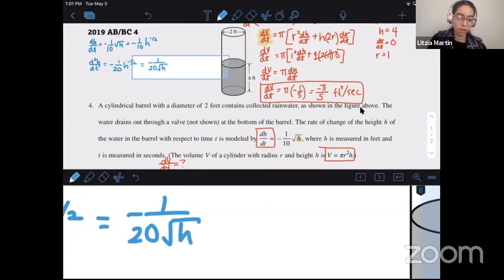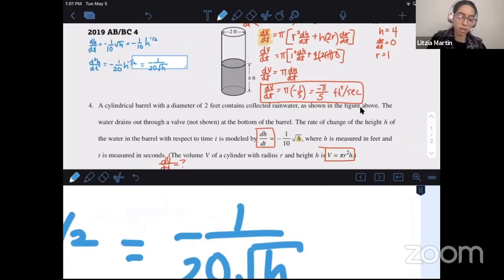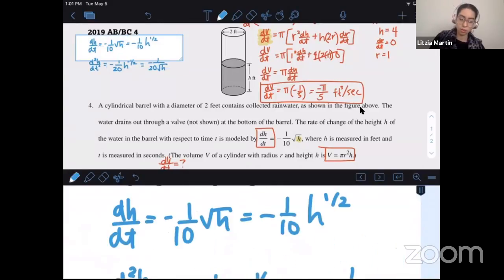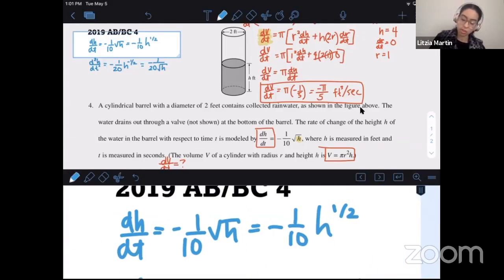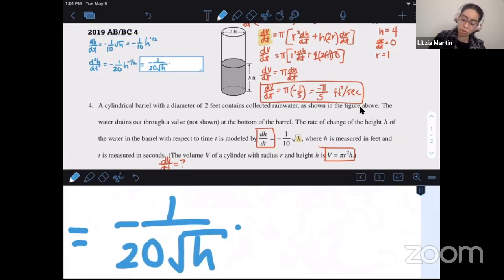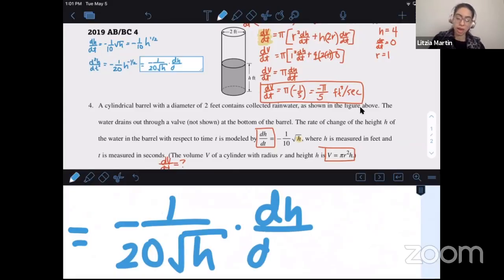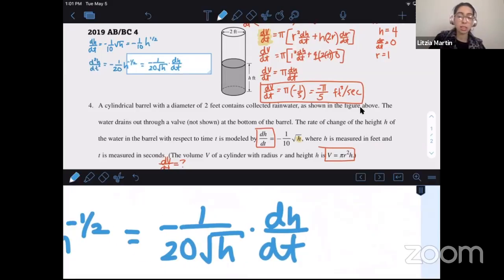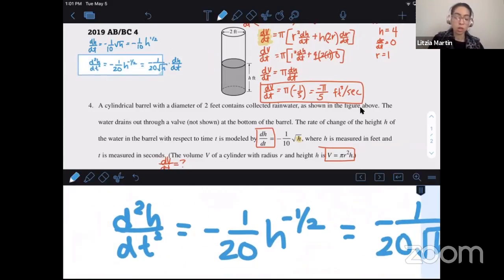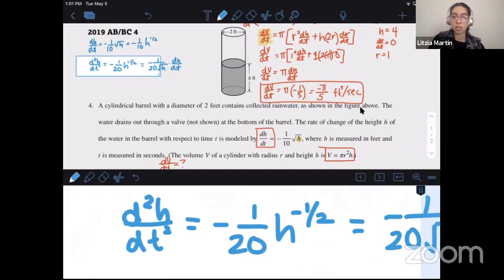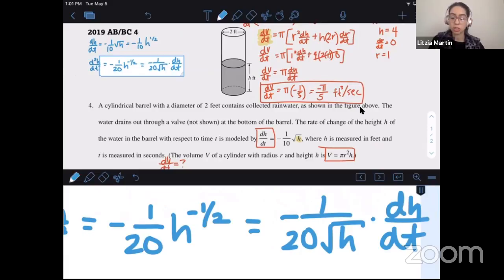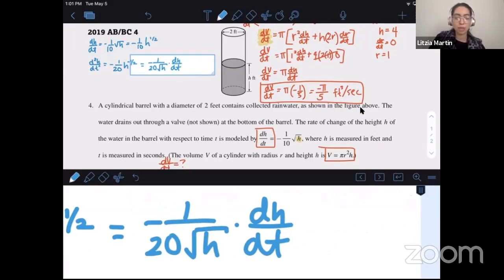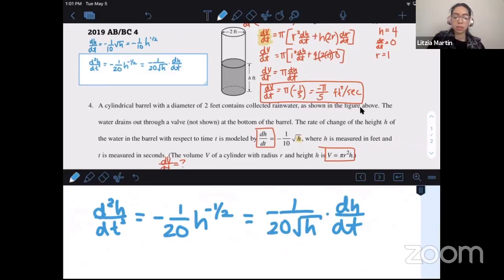Our second derivative here, since we are taking the derivative with respect to t, we have to multiply by dH over dt, right? This is technically still implicit differentiation. So if we're taking the derivative with respect to t of h, we have to multiply by dH over dt. So actually this second derivative is complete here.